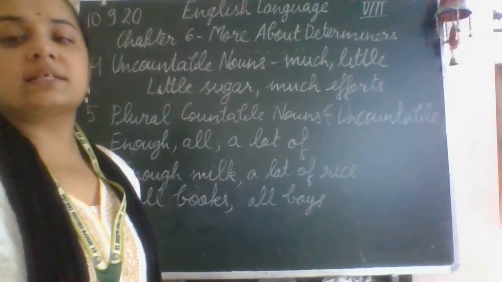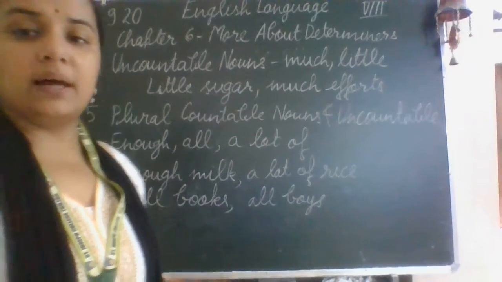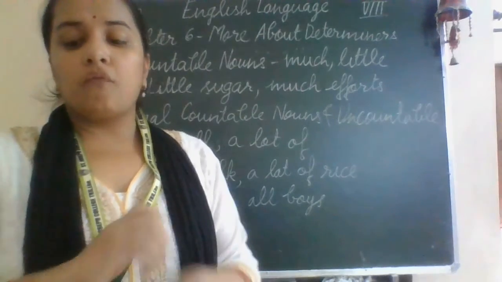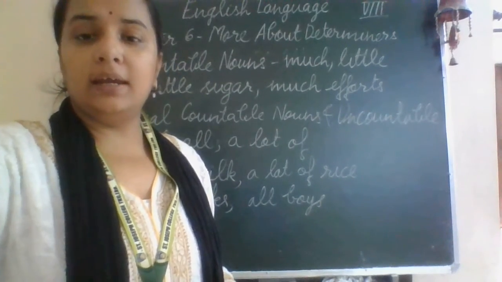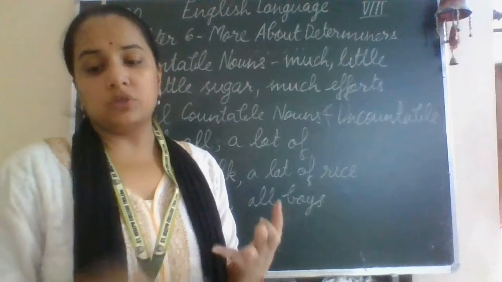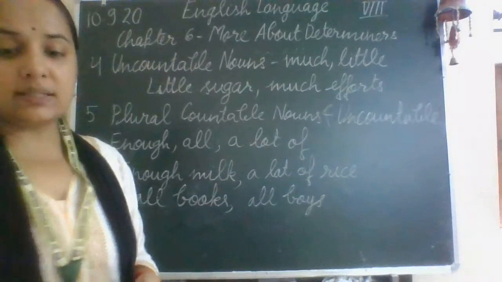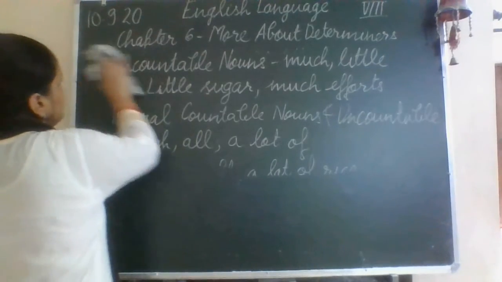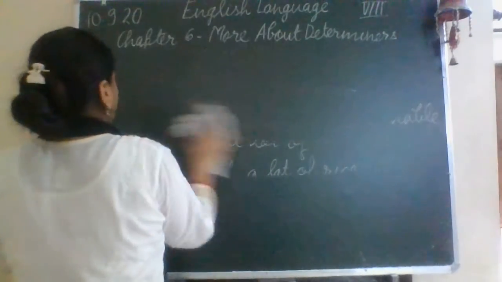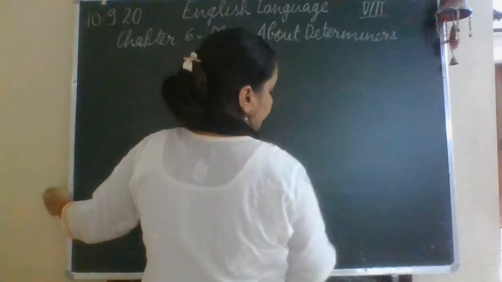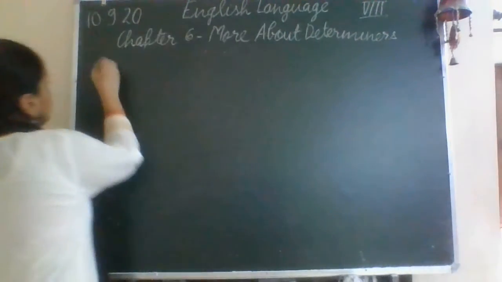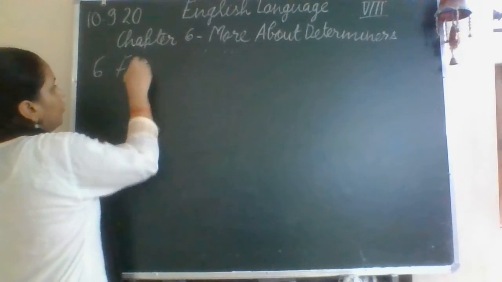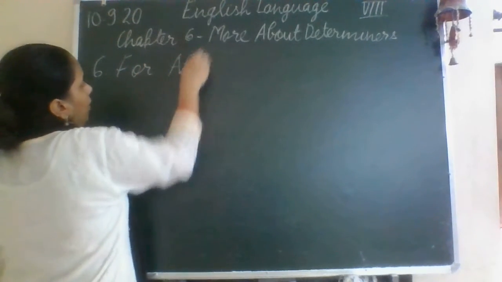Now, the last category, the sixth one, is the one in which the determiners can be used for any noun, singular, plural, countable, uncountable, all.